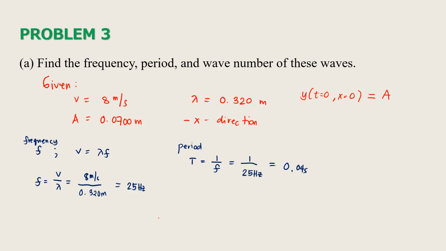And then lastly is to find the wave number. Wave number, which is denoted by k. So k can be obtained by using this equation. We have 2 pi over lambda. So 2 pi, substitute the value of the wavelength, which is 0.32 meter. So we have obtained the value of our k, which is 19.63 radians per meter.